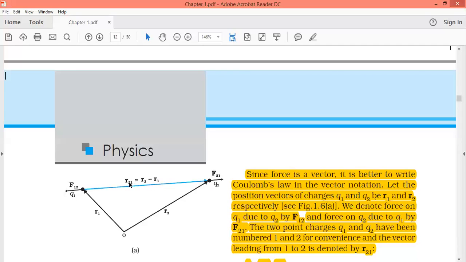Okay. So if you have R12, that indicates R1 minus R2. R21 is leading from 1 to 2.